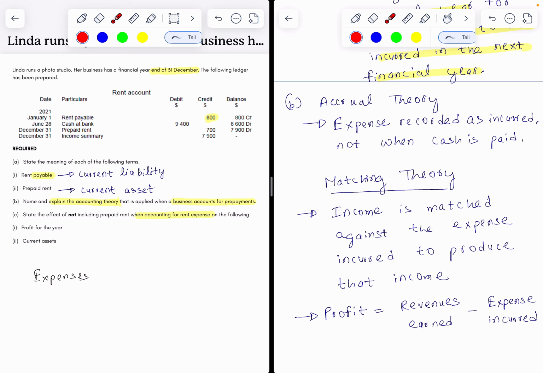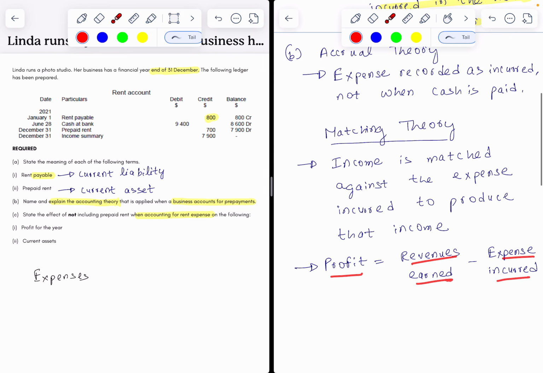So in order to accurately determine a correct profit, we need to look for the differences between revenues earned and expenses incurred, okay?